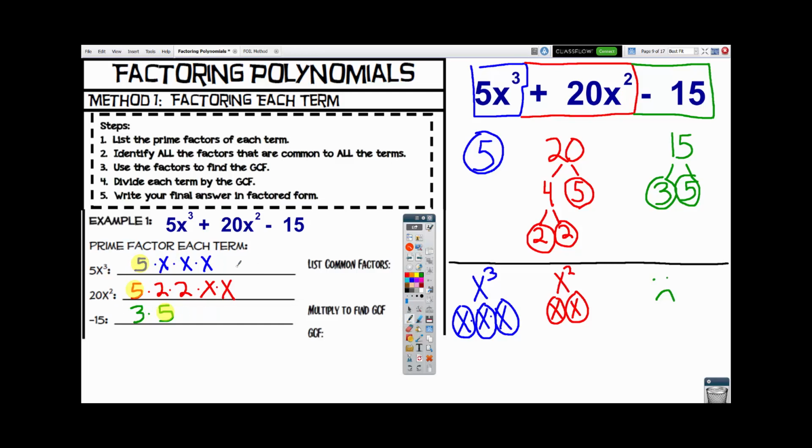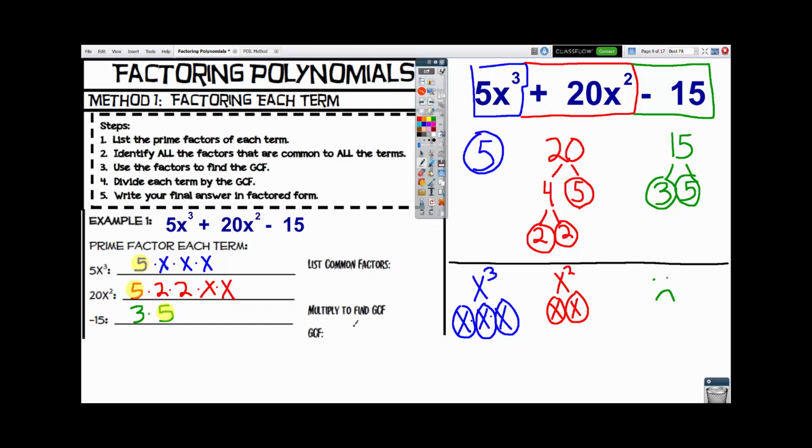So you might be thinking, well, we could borrow some x's from these two terms right here. Well, we can't, because we would have to borrow 2 x's from our third term down here, and the third term does not have any x's to give. So our greatest common factor for this problem, seems a bit anticlimactic, is just 5. The greatest thing that we can factor out of this trinomial.